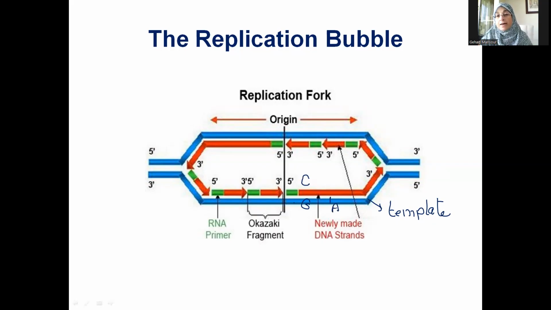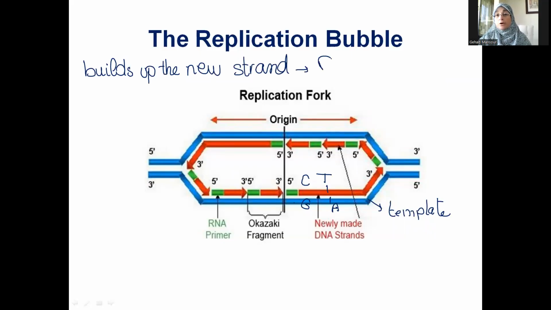And if you have an adenine here, the enzyme knows that it should get a thymine here. How do we call the enzyme that builds up the new strand? The enzyme that builds up the new strand is called DNA polymerase.